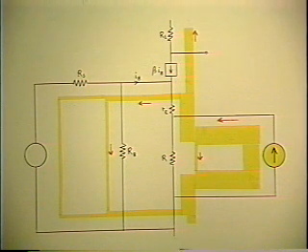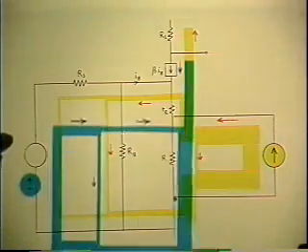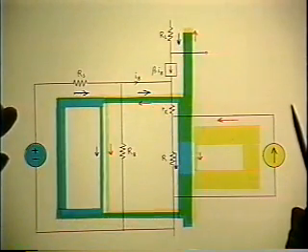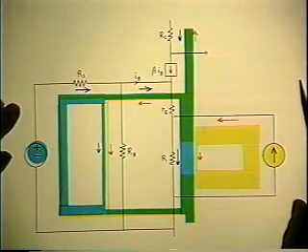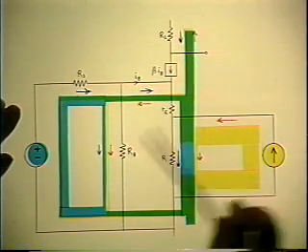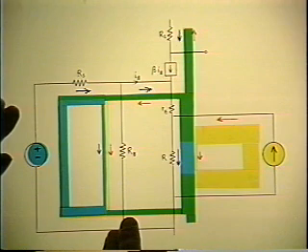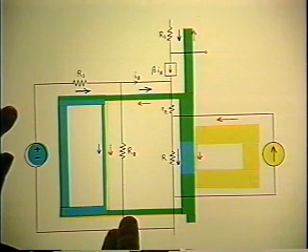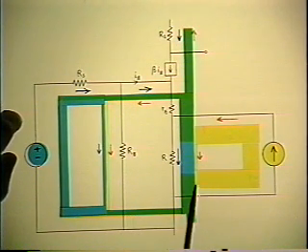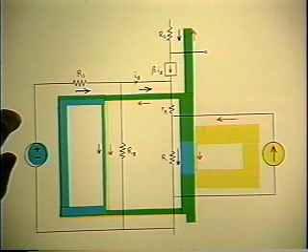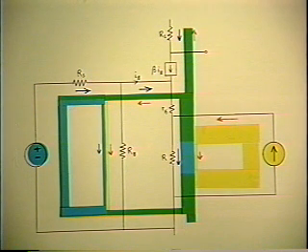Now I'm going to superimpose the other one with the blue current that comes from the other input. Well, that's about as close as I can get it. Now, where it turns green is null. I hope it's green.